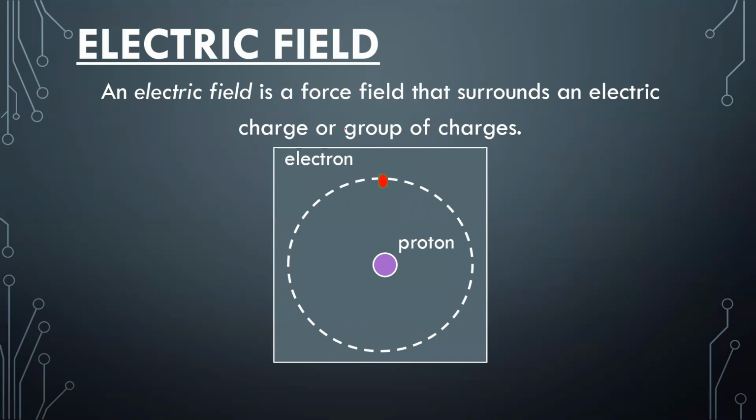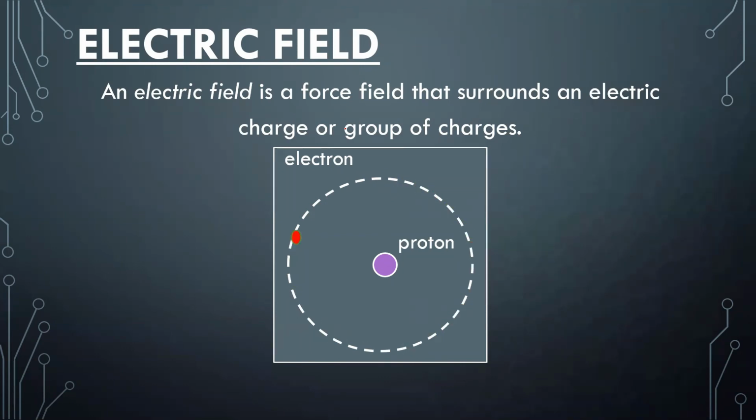It is a force that surrounds protons. Okay, it surrounds the proton, which separates the electron from the proton. So this electric field separates the electron from the proton.